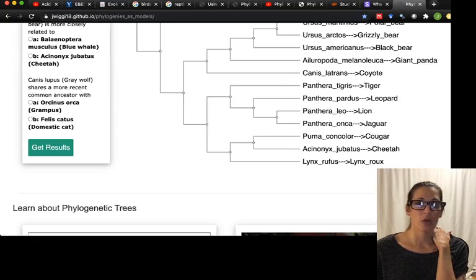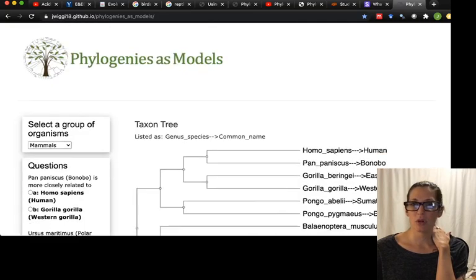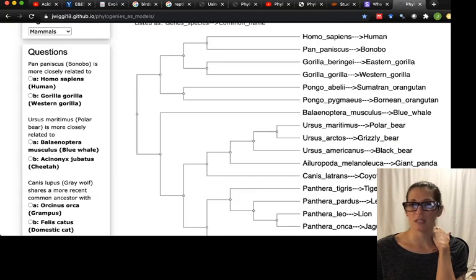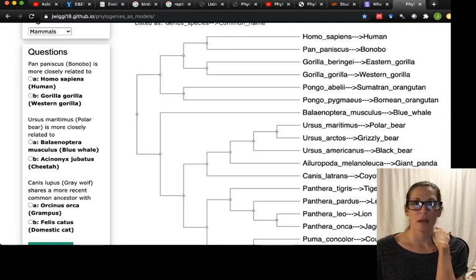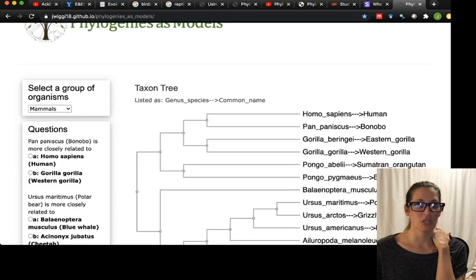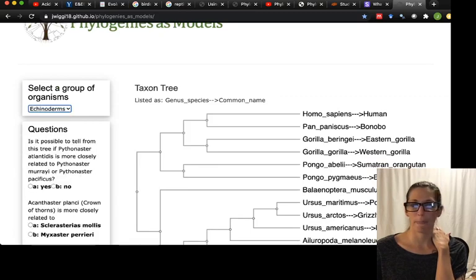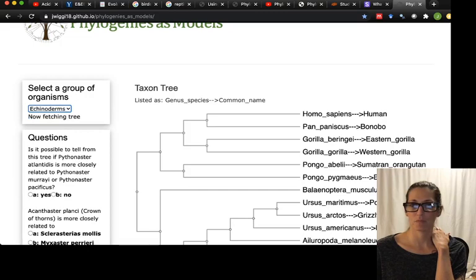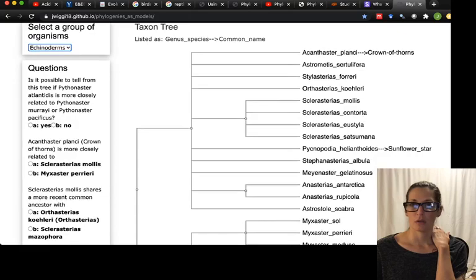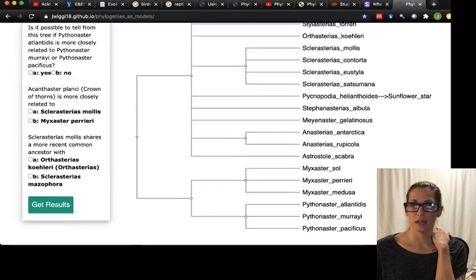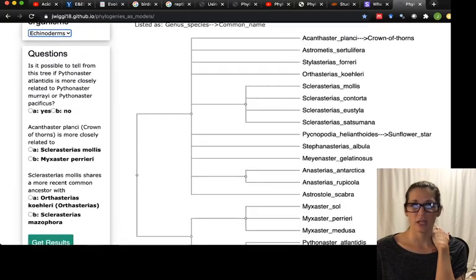And so mammals resolves to this nice pretty tree. Some of them don't, which happens. Let's see if we can find one that doesn't. Okay. Looking at this tree, it looks a lot different.